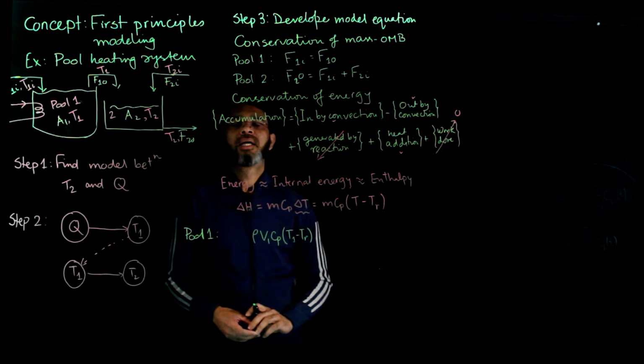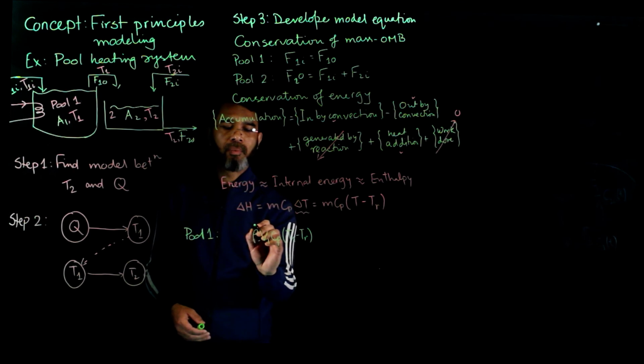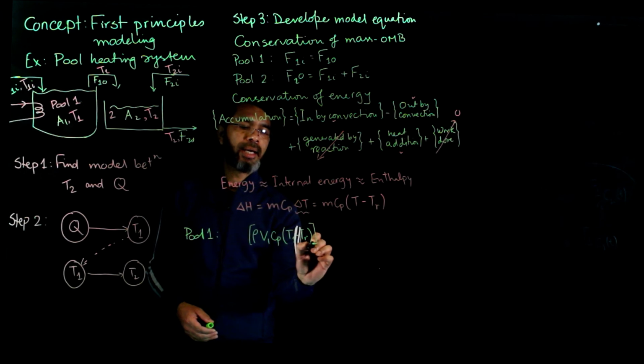So that's the delta enthalpy for the liquid content in pool 1. So its rate of change will denote the accumulation.